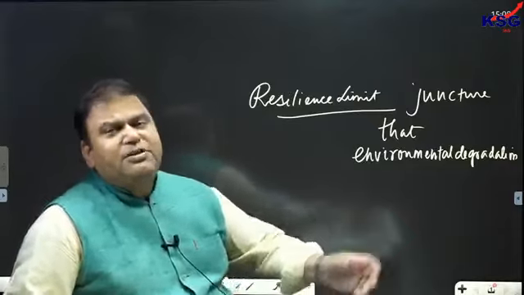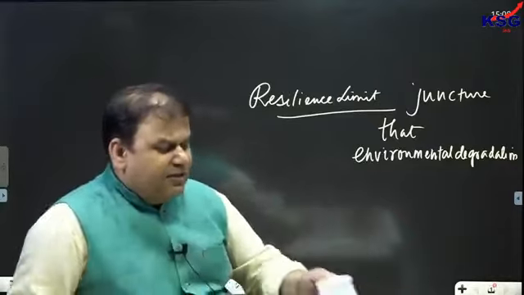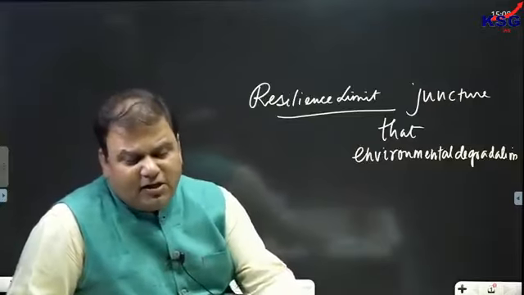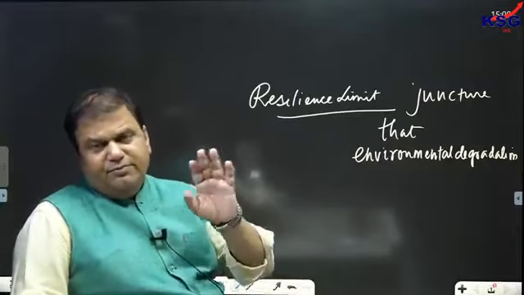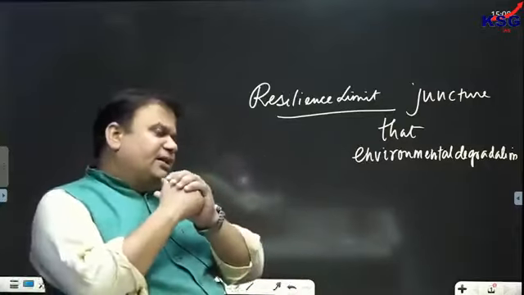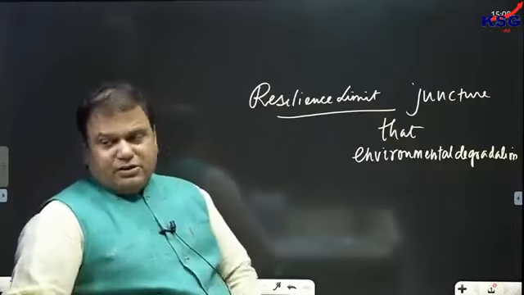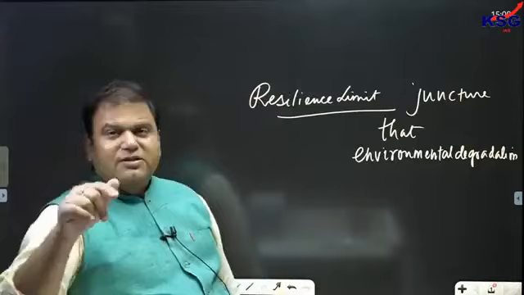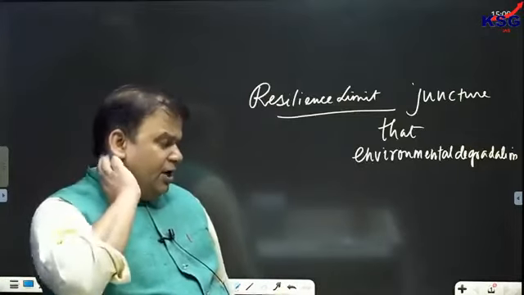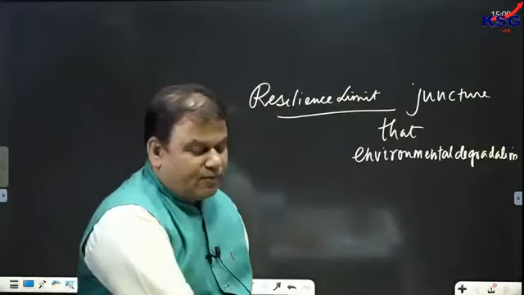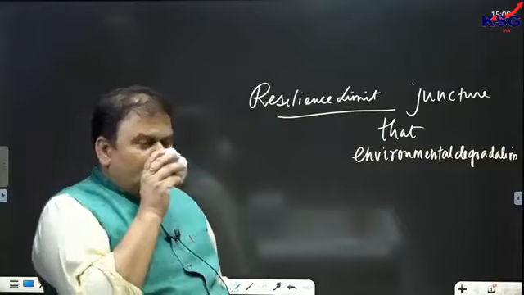Magnitude of external change means, suppose a volcanic eruption takes place. The magnitude of external change is such that the resilience limit of the ecosystem would be surpassed. But also the nature. For example, suppose the Bhopal gas tragedy in 1984.